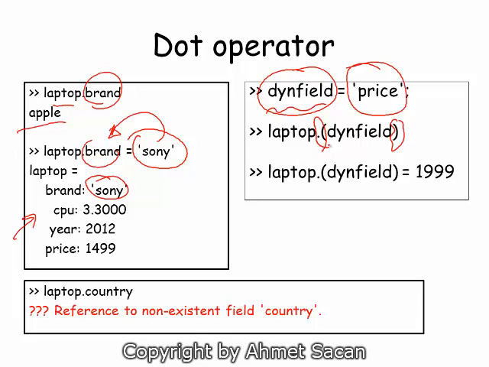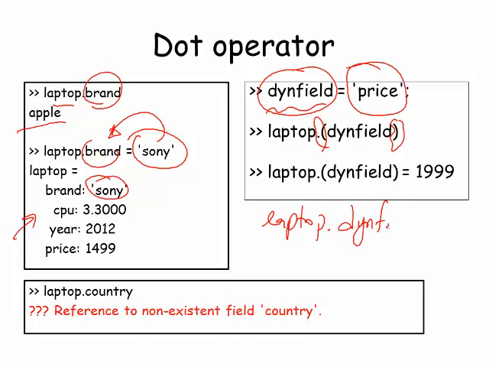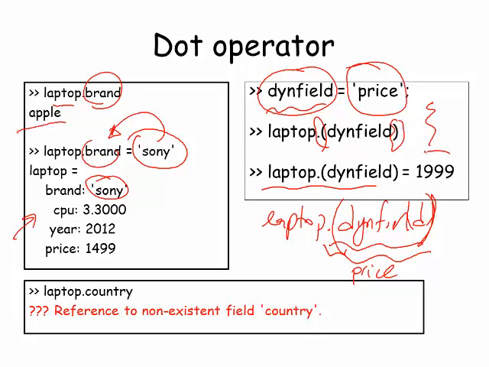So instead of saying laptop.dynField, which would assume that laptop has a field named dynField, which it does not, so you would get an error, I am putting it in parentheses, which forces MATLAB to first evaluate the variable dynField and replace it with price, which is its value. So when doing this, I'm referring to laptop.price. And I would say laptop.price equals $19.99, which would change the price field.